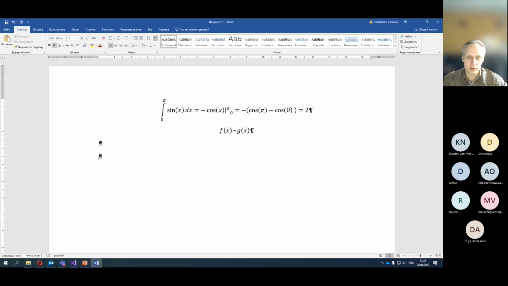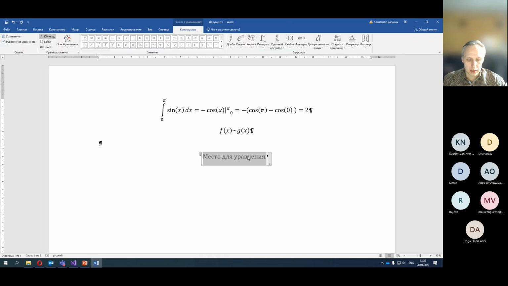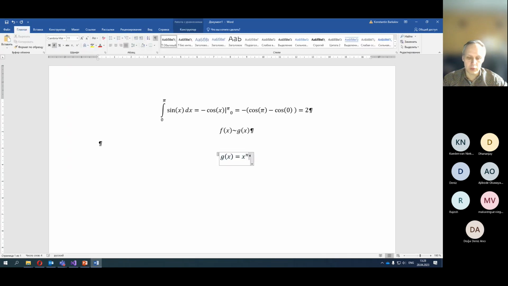And polynomials are very good functions for integration because x power n has a very simple antiderivative. If g of x equals x power n, what will be the antiderivative of g of x?